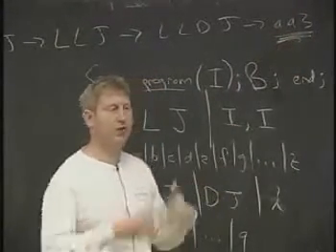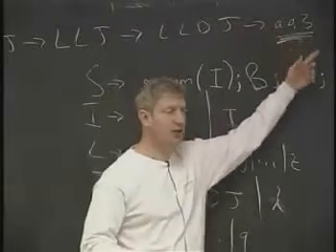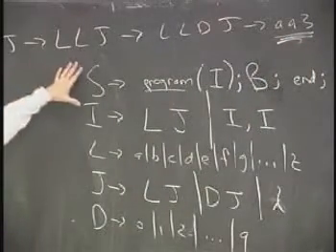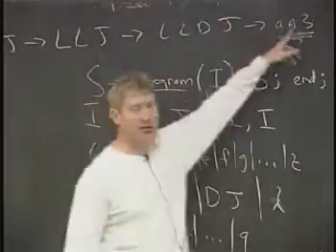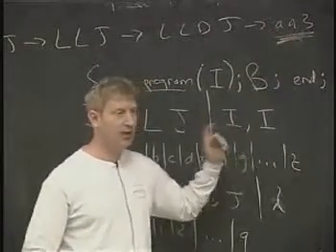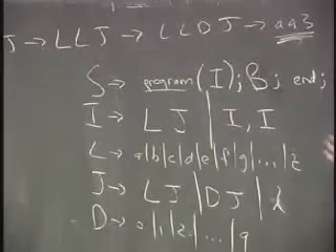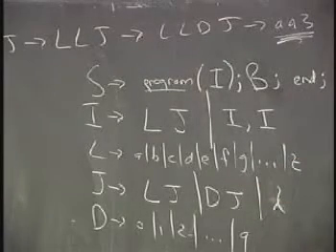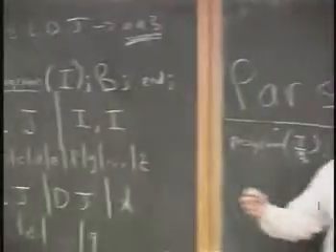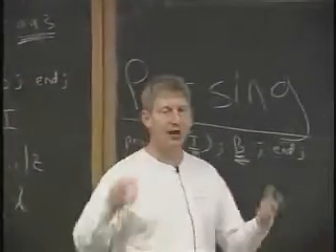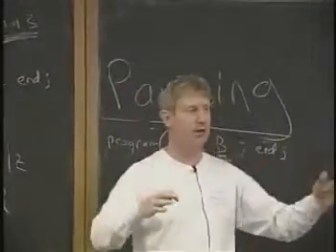Parsing is the question where if I give you a string that looks like this, you have to tell me, is there a way to go from S through these productions to get to the string that I gave you? That's the question if somebody gives you a context-free grammar that describes a programming language, and they write a program. You want to look at that program and decide whether you can start from the start symbol of that context-free grammar and eventually generate their string representing a program.